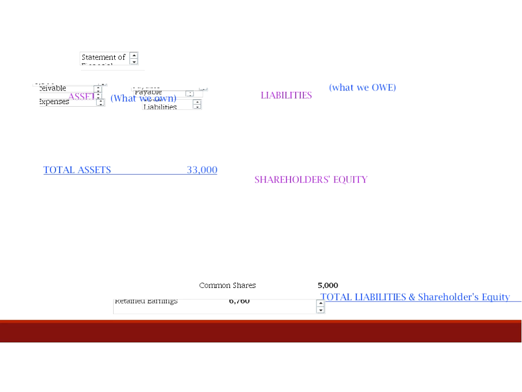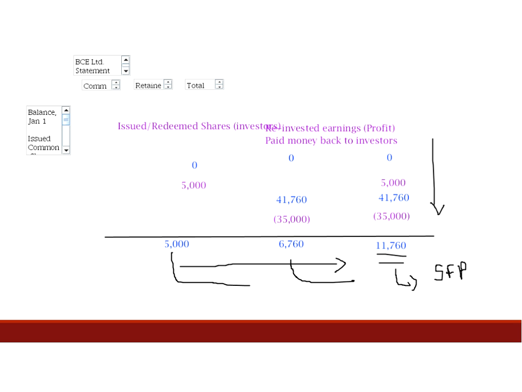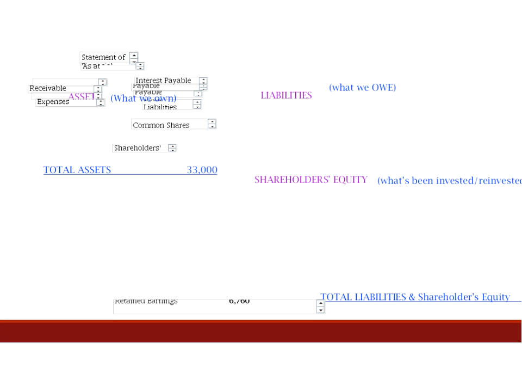We'll also add our shareholders' equity. So again, this is considered what we've invested or reinvested in the company. And again, similar to our statement of changes in equity, you'll see the categories are very similar. We have our common shares, and again, we get that figure from our statement of changes in equity, $5,000 in common shares.